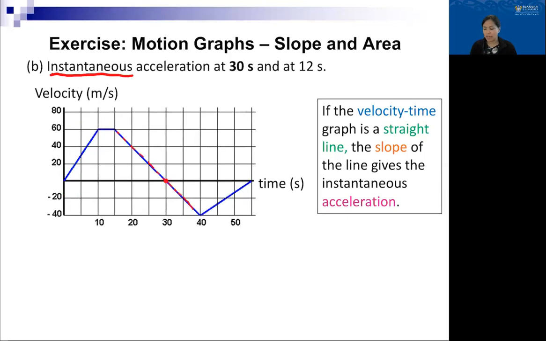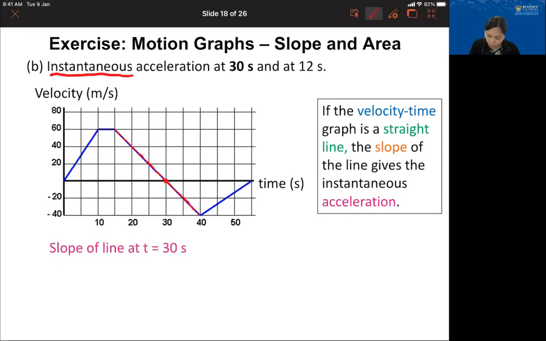The slope gives you the acceleration, but if it's a straight line graph, the tangent will be the graph itself. So find the slope of that at 30 seconds. You can again take any 2 points along that line. It should give you the same slope.